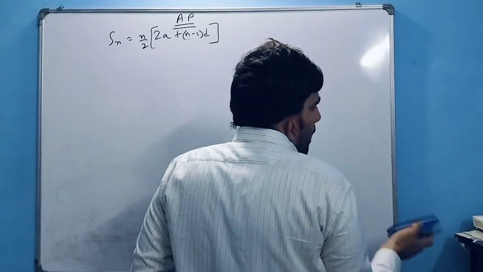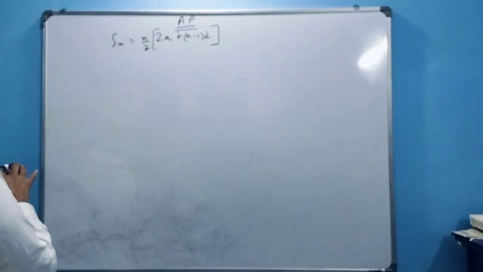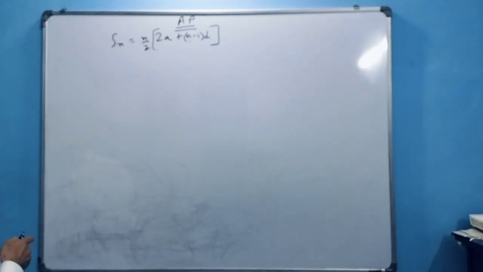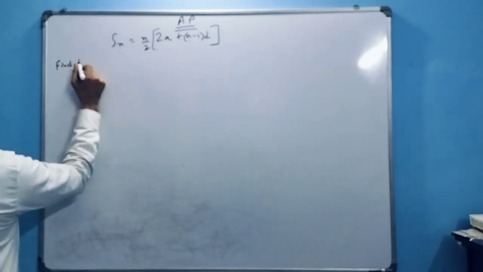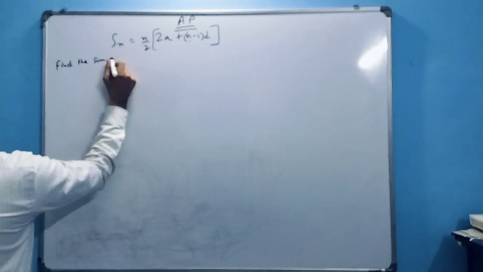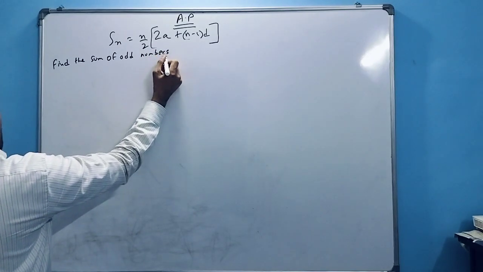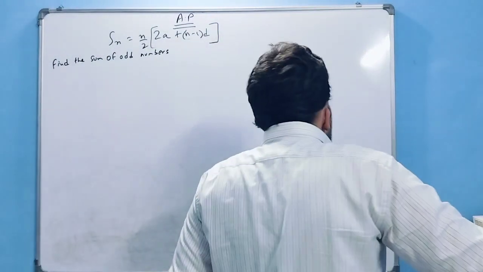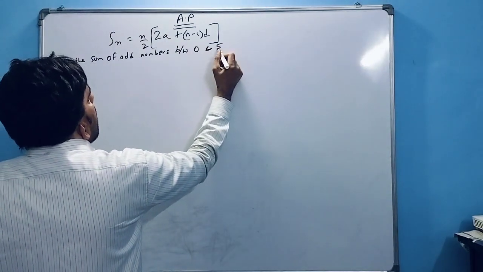In that case, if we see the next numerical, we need to find the sum of odd numbers. Find the sum of odd numbers between 0 and 50.